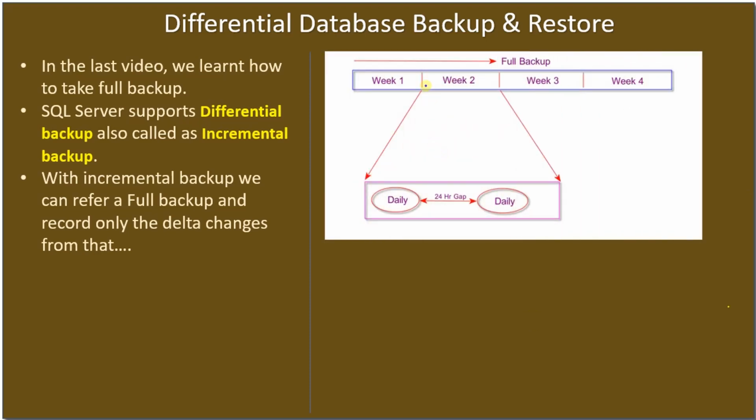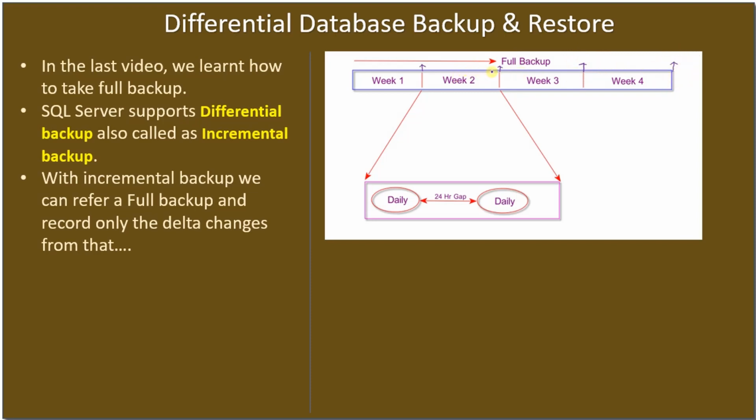So if you see in this picture, we have a full backup which was taken periodically, or we can say every Sunday a backup is taken. So week 1 Sunday there is one full backup, week 2 Sunday one full backup, here one full backup, and towards the end here one full backup.